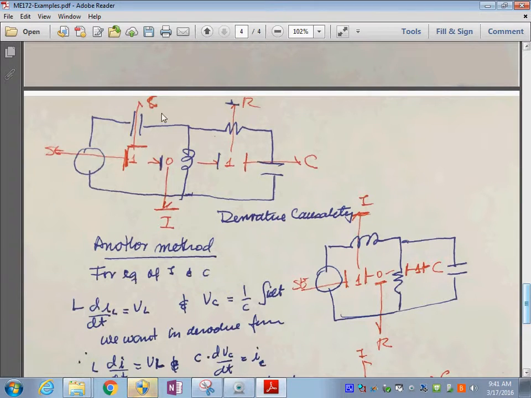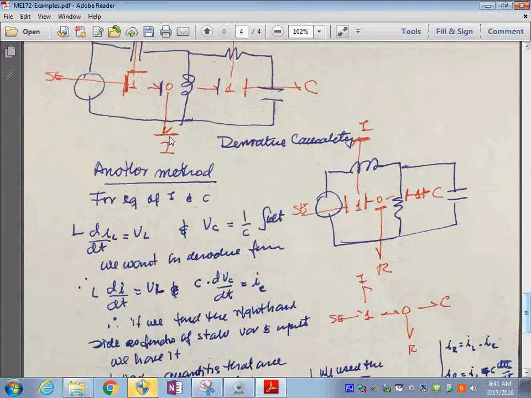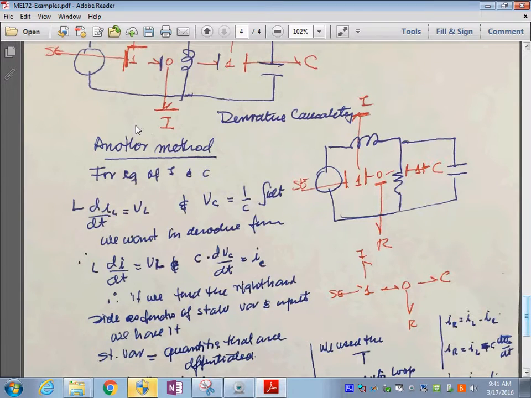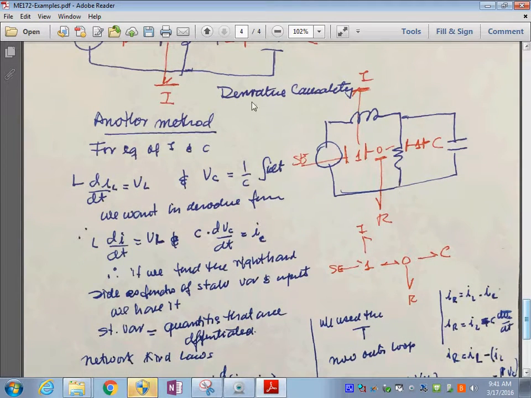All right. And what you have in here is that if we forget about the bond graph model for a moment, which by the way is simple in here, there's another method to obtain the state space form, and that is take a look at every single I and every single C in the system and write the differential equation for that.